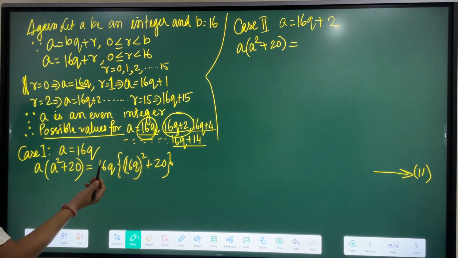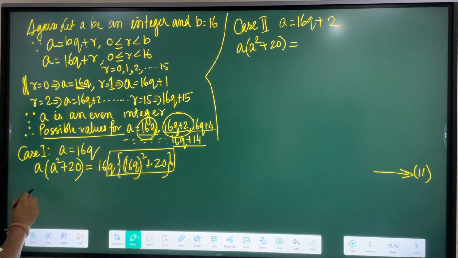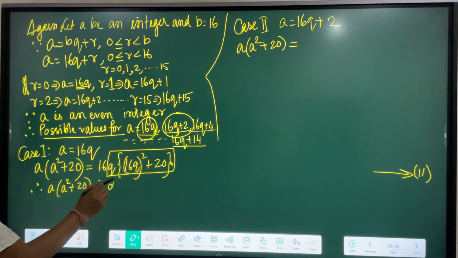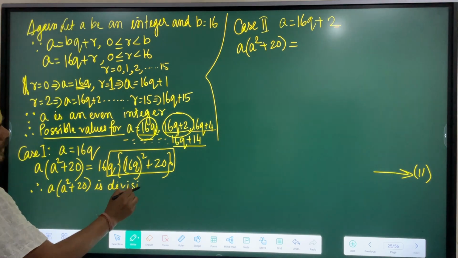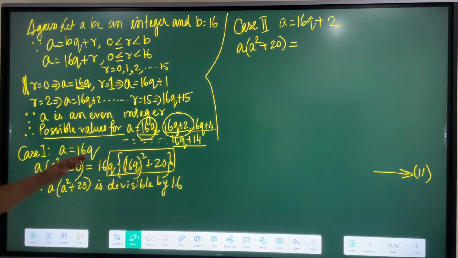So here we don't have to write anything, it is 16 into something. Therefore a(a² + 20) is divisible by 16. Now we will go to case 2.